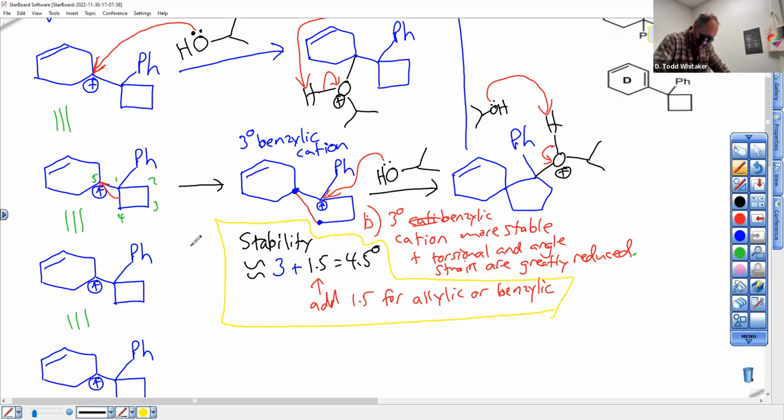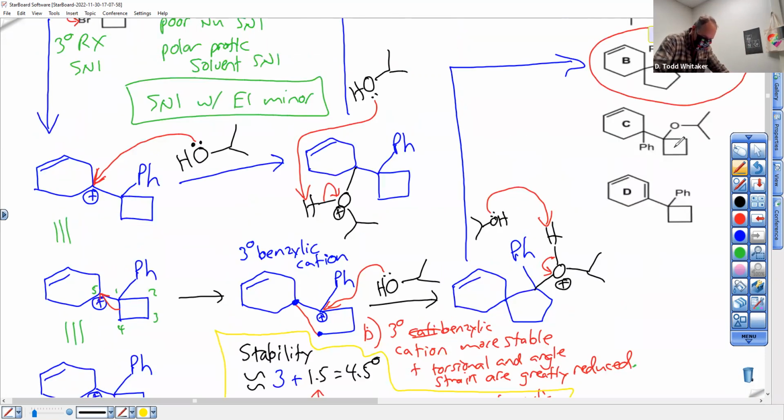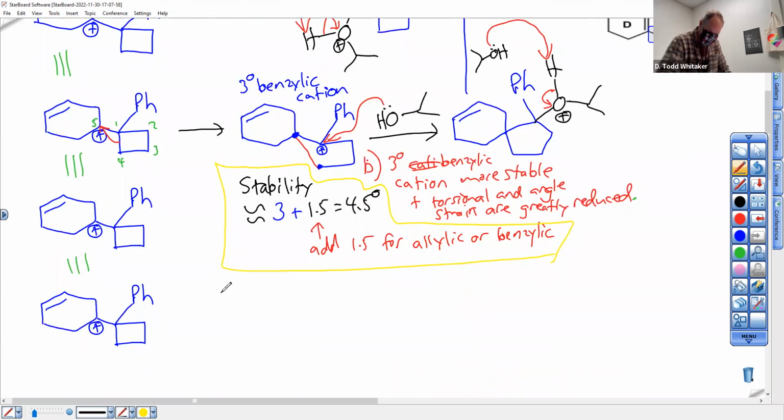So we got two of our products. What about product C? What moved to get the skeleton like this? Okay, the phenyl? The phenyl, yeah. I agree. It jumped over next door. We've got our copy here. Move the phenyl next door.